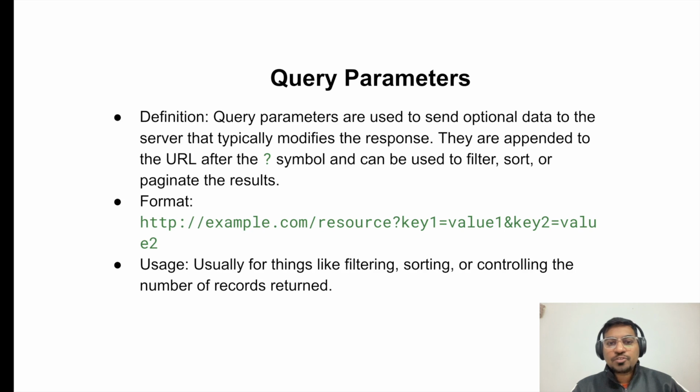We are just trying to filter out data on the basis of these two values. As for usage, query parameters are used for things like filtering, sorting, or controlling the number of records returned.